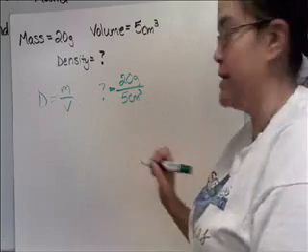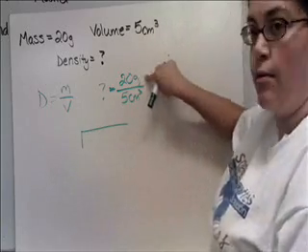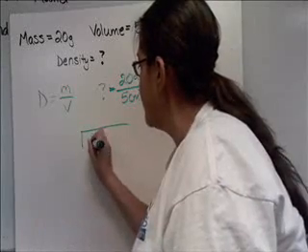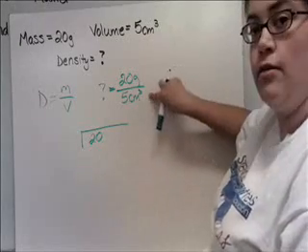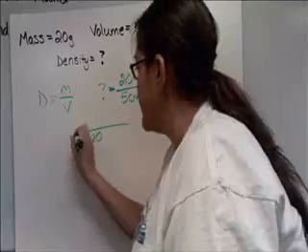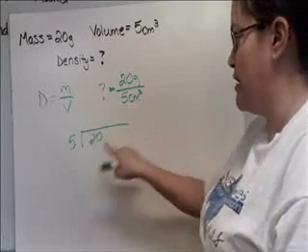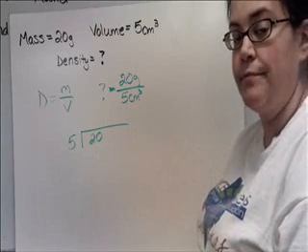So now I'm going to set up my division house. 20 is my cowboy, because he's riding on top. So 20 goes inside, and 5 is our horse, he's on the bottom, so he's going to stay outside. So 20 inside our division house, he's cowboy, and 5 is the horse, so he stays outside.